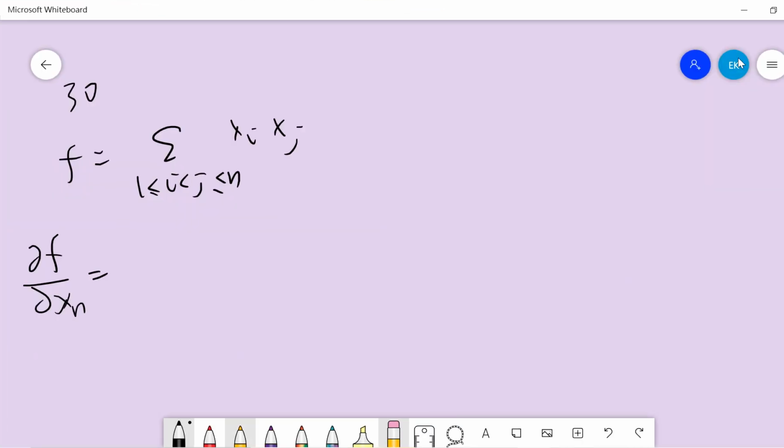So remember that when you do the derivative for this final variable x_n, I cannot touch n, because i must be less than j, and j can equal n. So when I do a derivative, I should first use the Leibniz rule.